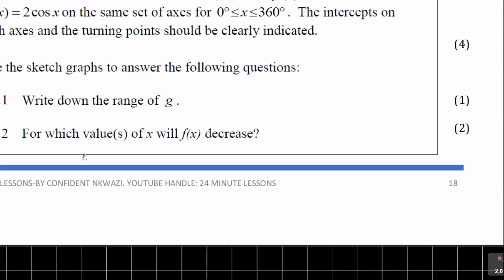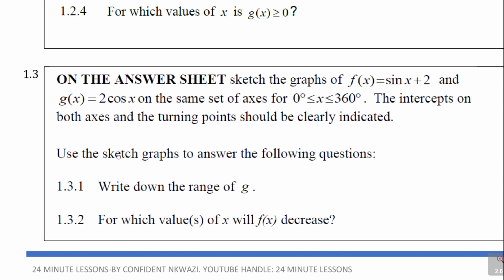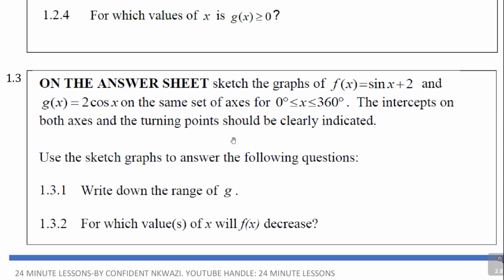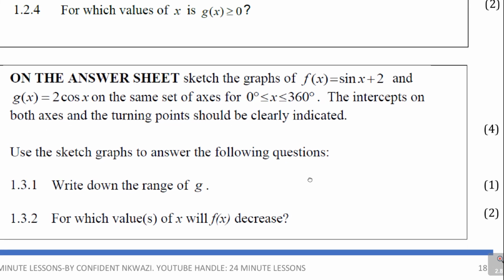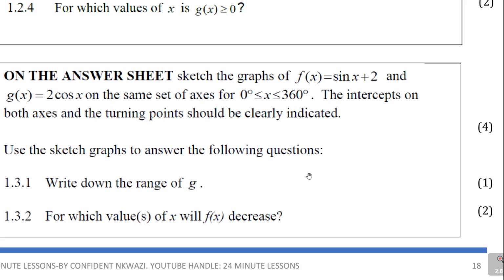Okay, is it fine? I hope so. Now I want you to try this one for me. It says on the same answer sheet, sketch the graph of f of x equal to this and g of x equal to this on the same set of axes. The intercepts with both axes and turning points should be clearly shown. Can you try that one for me and see what you can come up with?